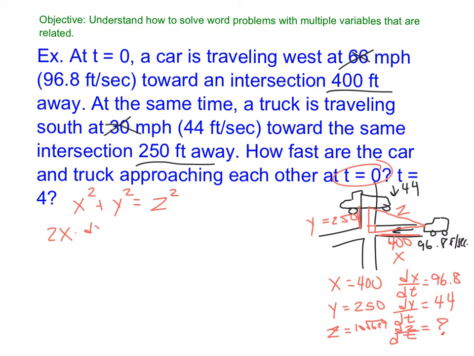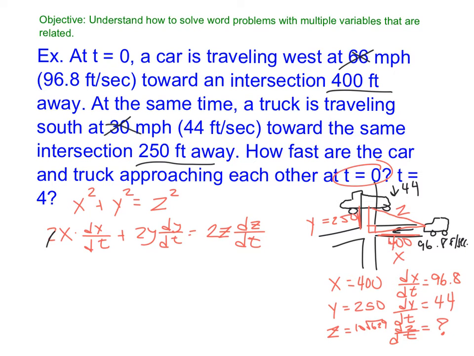2x dx/dt plus 2y dy/dt equals 2z dz/dt. I like to put the little cross on the z's so I don't think they're 2's. You don't have to, but it's helpful. Now notice none of these have zeros, so we're going to have to actually fill everything in.